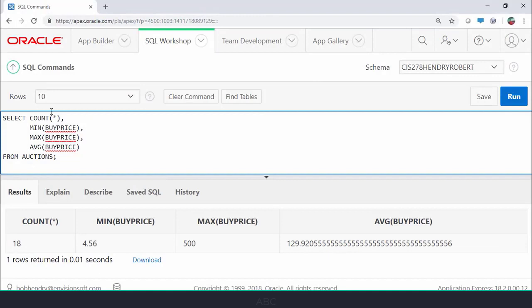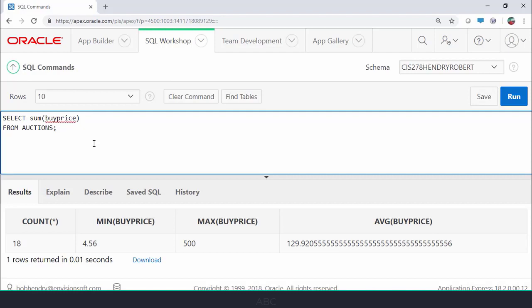Okay, how about this? We could say select, and we'll say sum of the buy price from auctions. So here I got select sum of the buy price from auctions.